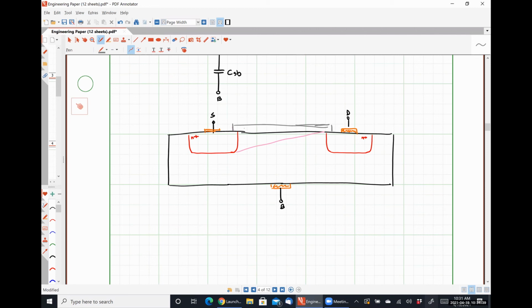This is our gate oxide. Then we have our poly electrode, which is our gate. And this is a P-type substrate. All right, so a couple of things I want to point out here.